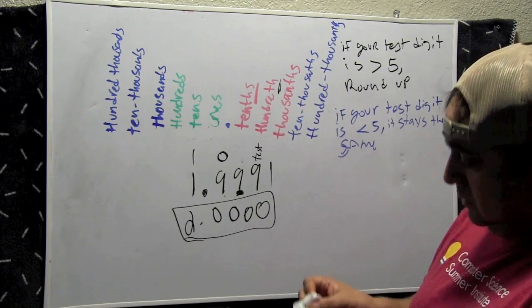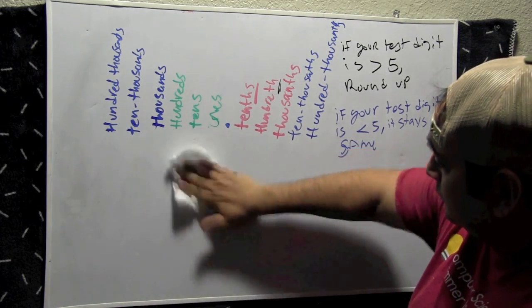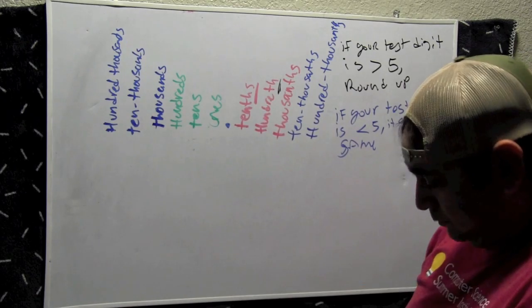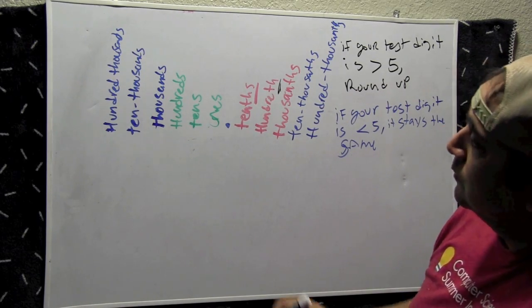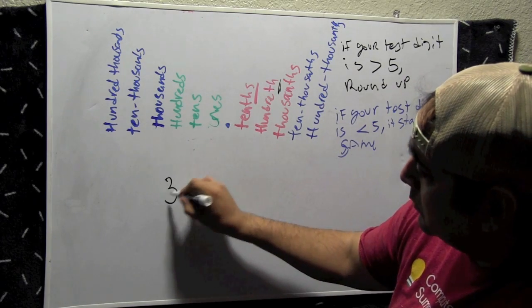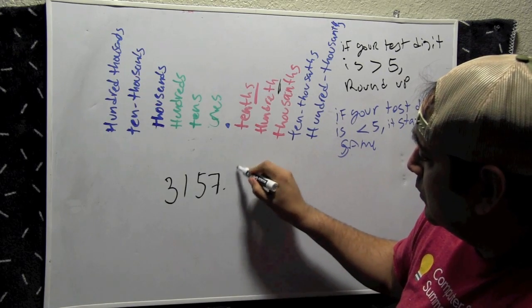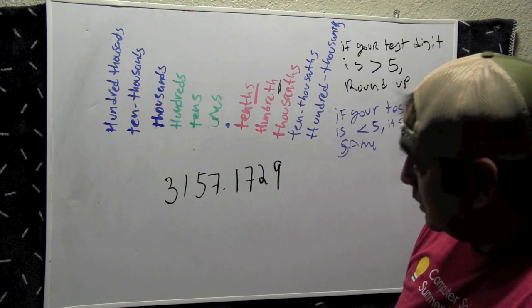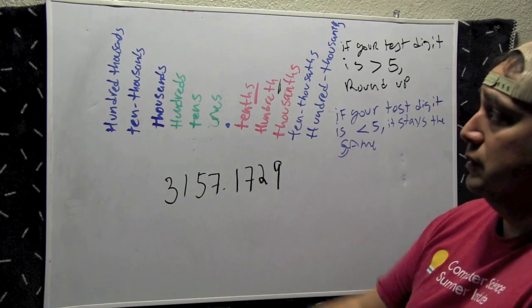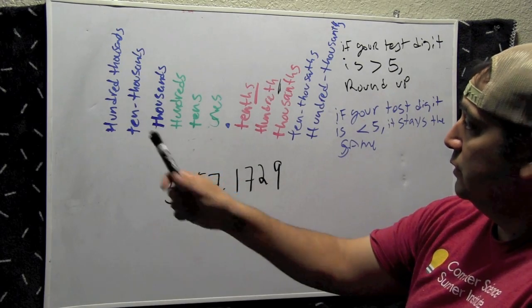Let's just do one more. Say we want to round to the 100,000, or no, 1, 2, 3, 4 thousands.